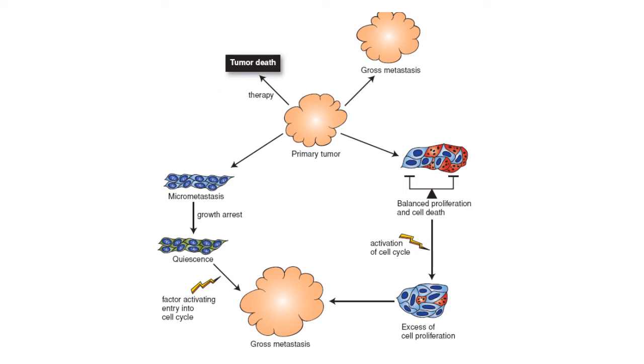The primary tumor may form a gross metastasis, or they may die due to apoptosis or due to therapies such as radiation, chemotherapy, or surgical removal, or this primary tumor may develop micrometastasis that remains in a quiescent stage, and in this stage the cells are in the G0 phase of the cell cycle.